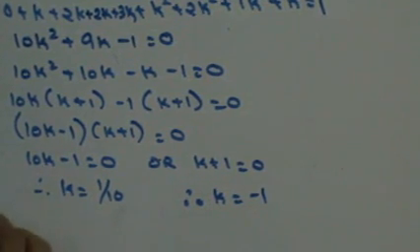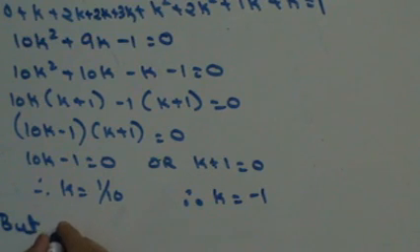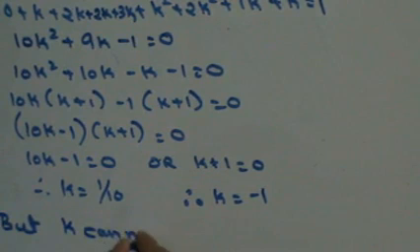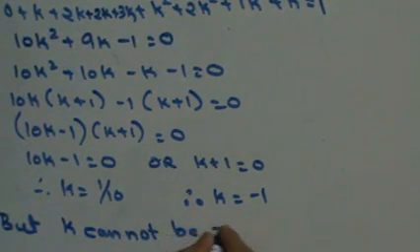But we know that probability can never be negative, so k cannot be negative. Therefore I can say that k is equal to 1 upon 10, right?